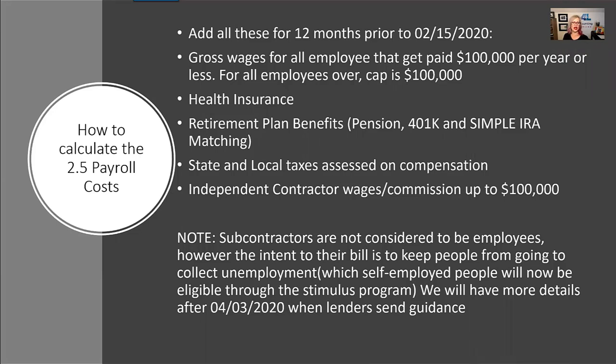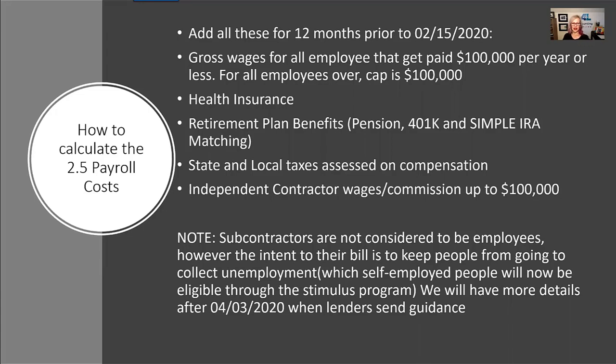So what you do is you calculate your wages for those 12 months prior to the 2015. So some people are saying, how much was my wages from January to, it's actually February 30th date. And so you can say what was my average for that time period, or you can do what the easiest calculation is to be able to say my 2019 payroll divided by 12 gives me my average.